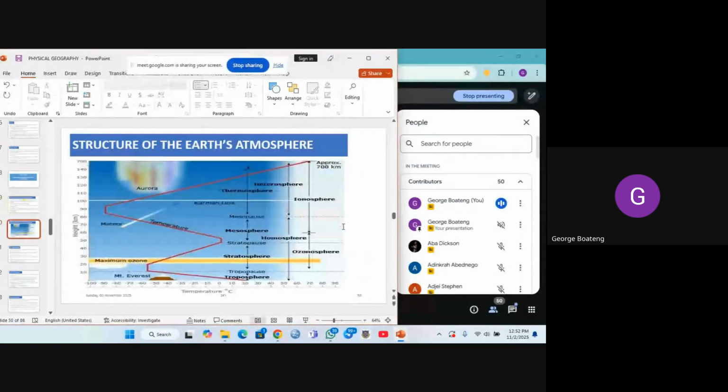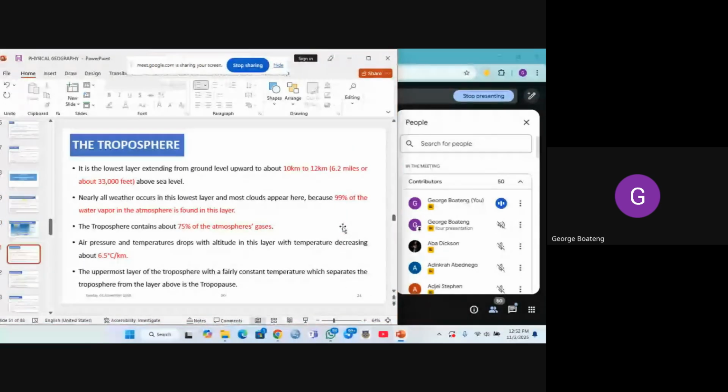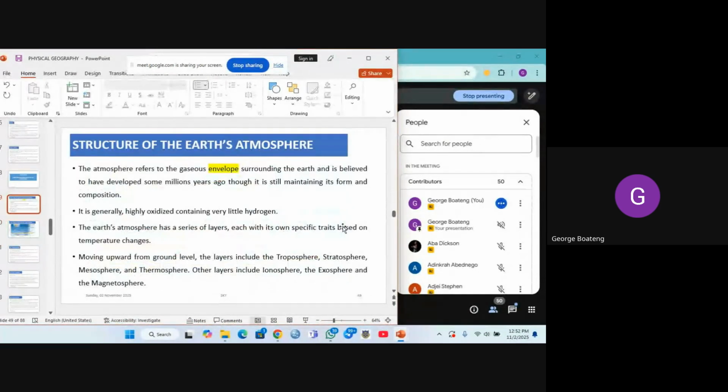The gases that we have in the atmosphere are many. They are oxygen, nitrogen, argon, carbon dioxide, water vapor, and the rest.